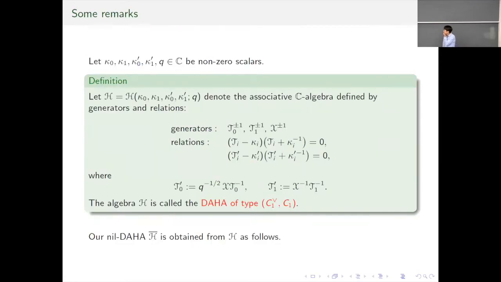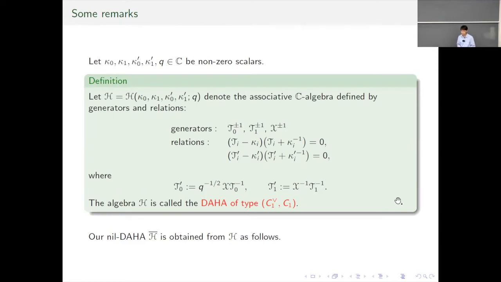To obtain the nil-DAHA H bar, Hajime and I used the presentation of DAHA of type C1, check C1. Yesterday, I showed a nicer, more symmetric presentation of DAHA of type C1, check C1. That is much better for our computation, but to obtain the nil-DAHA version, we use this presentation, though they are actually the same thing.